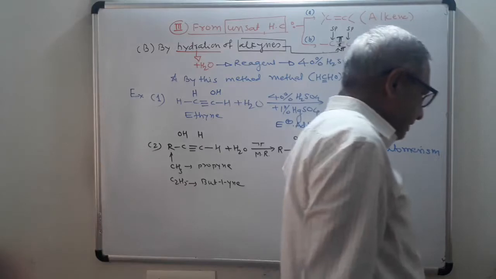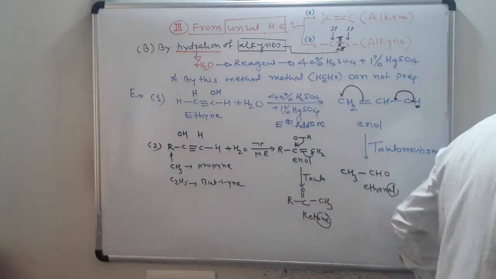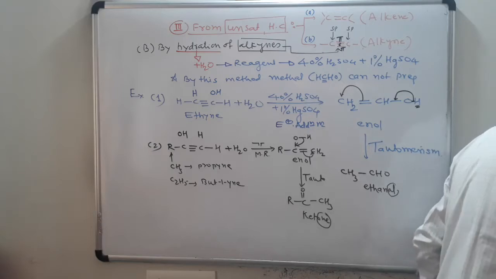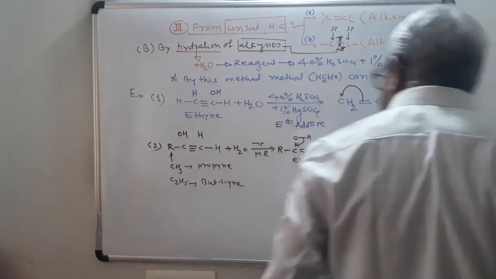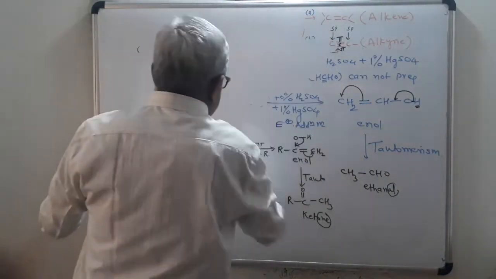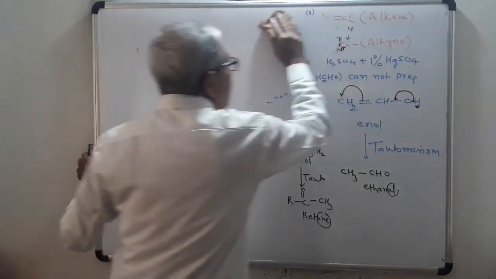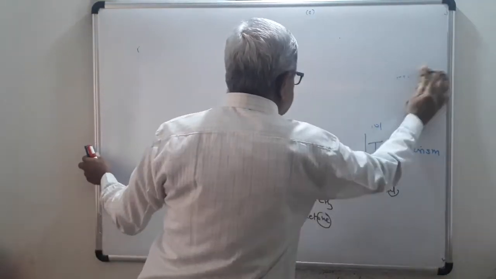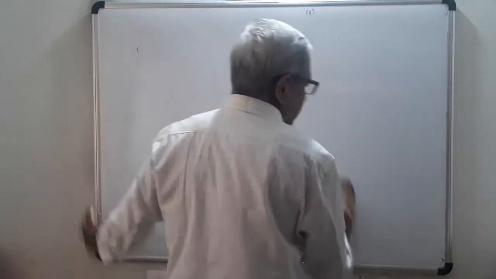So does anyone have difficulty? Now I will set a question on this title, that is ozonolysis. See the important question on ozonolysis, which appeared in a previous NEET or JEE exam.